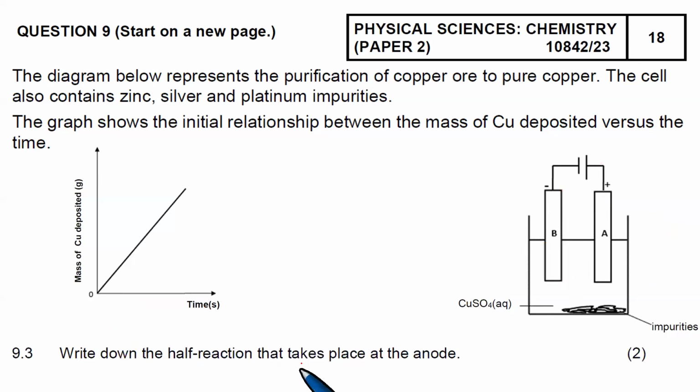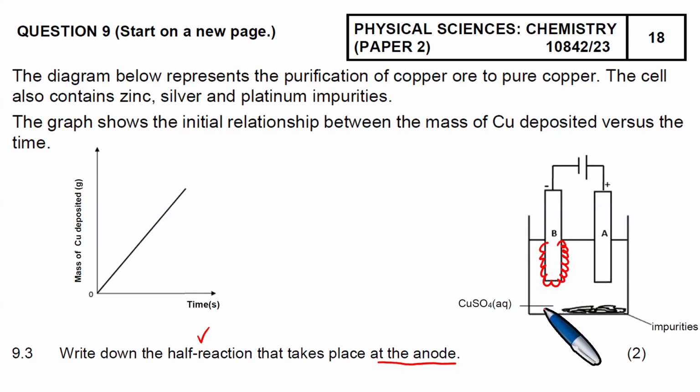Write down the half reaction that takes place at the anode. There's something you need to realize here: we've already seen that you're going to have a buildup.